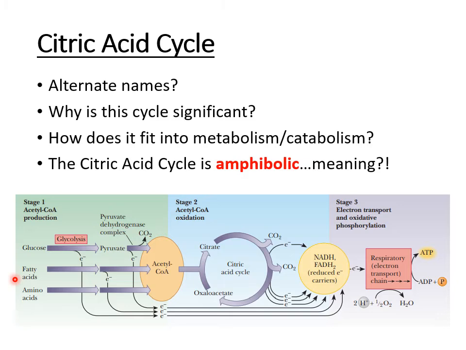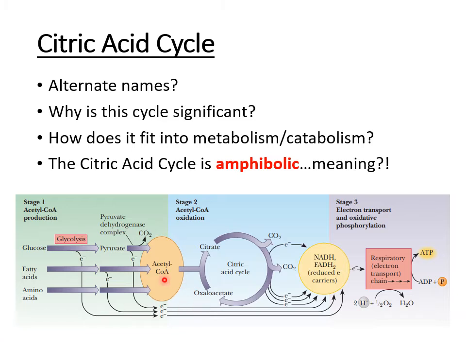Now, this cycle is also important because it's linked to metabolism, catabolism, and anabolic reactions. When we think about how it fits into metabolism, this little figure shows that a lot of the products of catabolism, so glucose, fatty acid, and amino acid catabolism, a fancy way of saying the breakdown of these biomolecules, then go into the citric acid cycle.